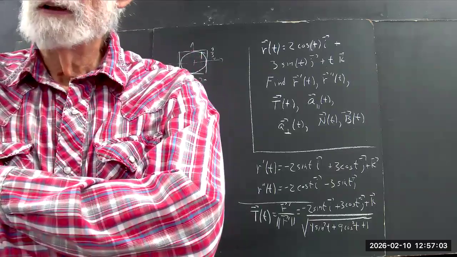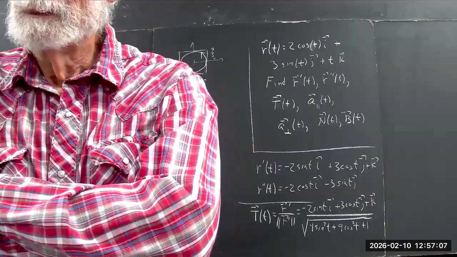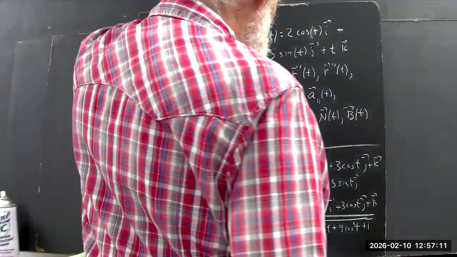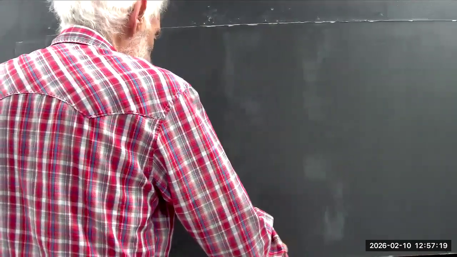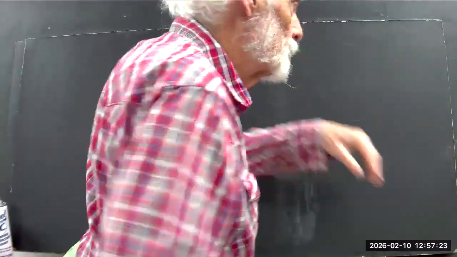The derivative of a vector that doesn't change its magnitude is perpendicular to it. Has to be. So this is the first thing you might not have seen. I don't think I've talked about it. I don't think it's in sections that you've done.